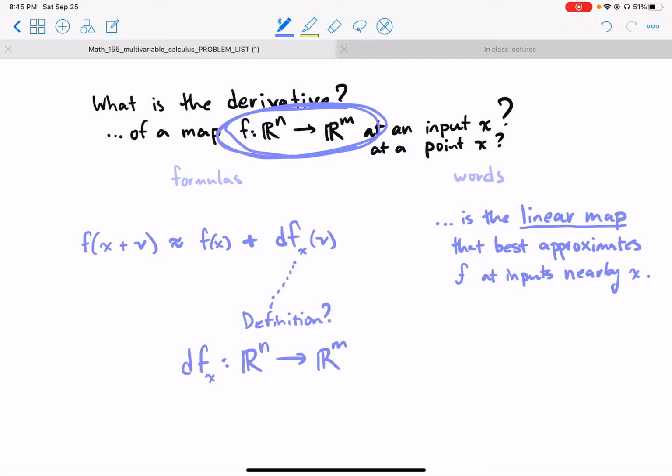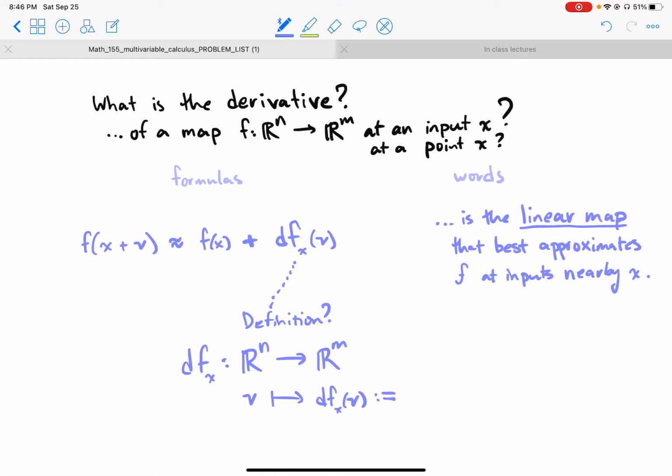It's a linear version of f. It's an easier version of f. So yeah, same inputs and same outputs. Now we're going to call the inputs by a different name because we're thinking of them now as movement vectors. And that's what we're going to input to the map dfx, or df at x. Okay, so this is just what we write, df of x evaluated at v.